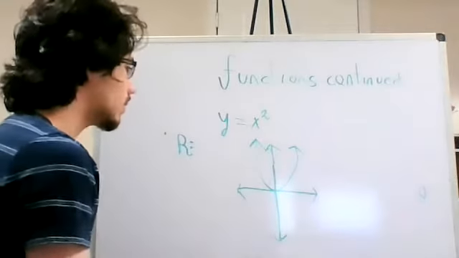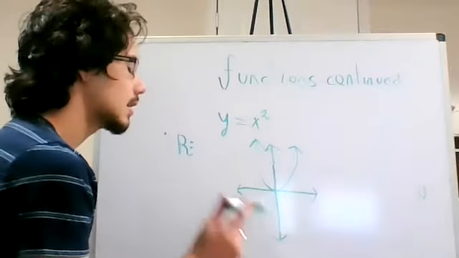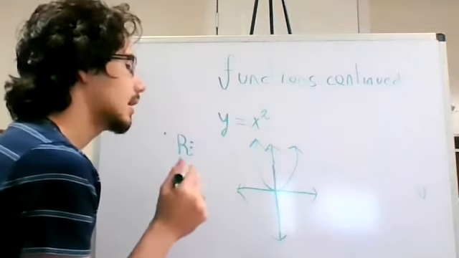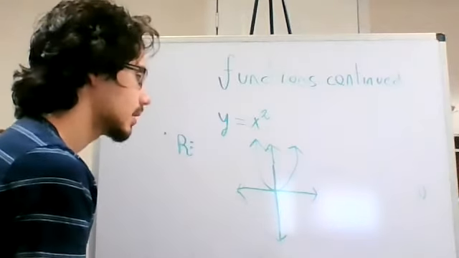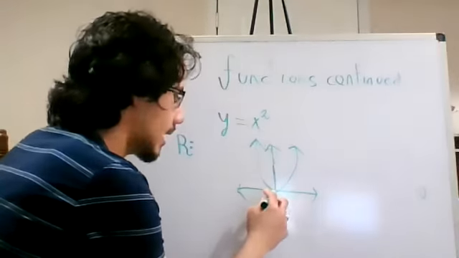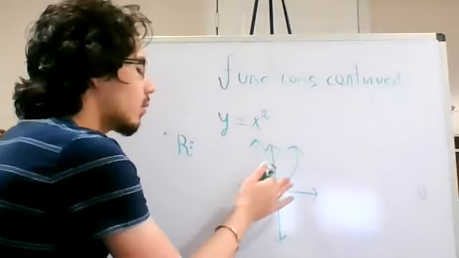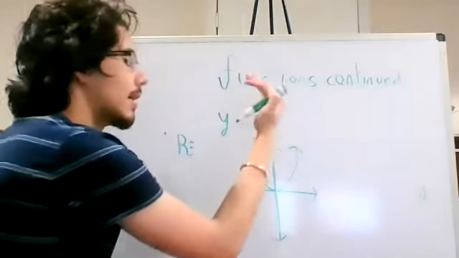Okay, so we said that the range describes all the y values that the function can touch. So we can see here that the y value would be at 0, and then we can see that it will rise and it'll go up forever, correct?